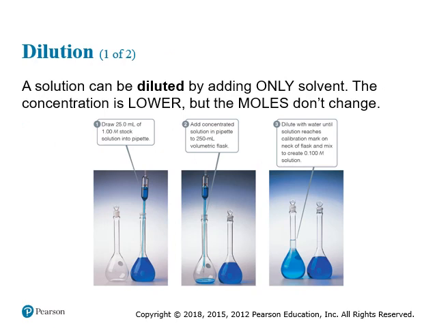Now, once a solution is made, a solution can be diluted, or we can see the concentration reduced. The term dilute simply refers to less concentrated or of a lower concentration. And the way that a solution can be diluted is by adding solvent.